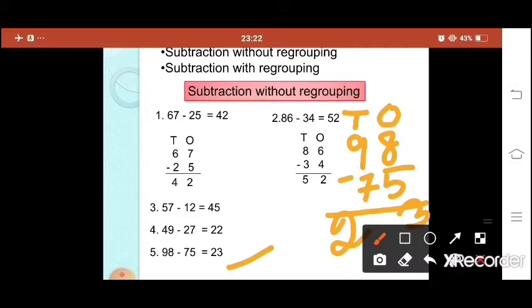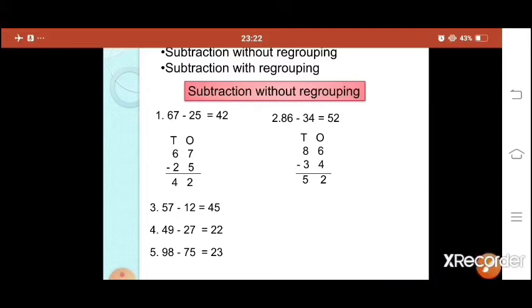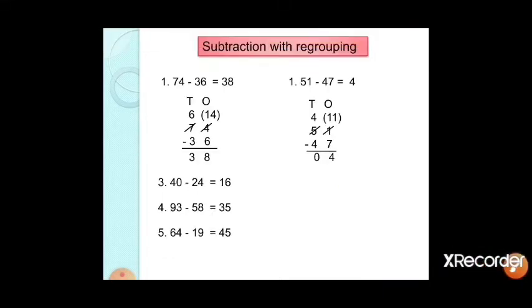But here, if you observe the unit place, the unit place of the first number is bigger than that of the second number. So that's why we need not regroup or borrow. Next we will learn subtraction with borrowing or regrouping.